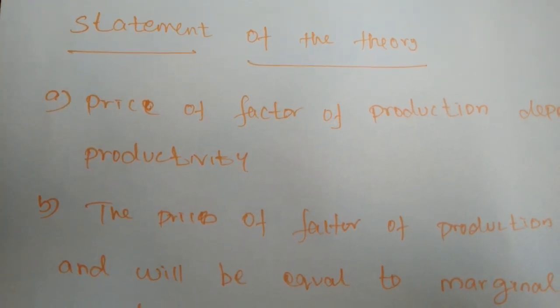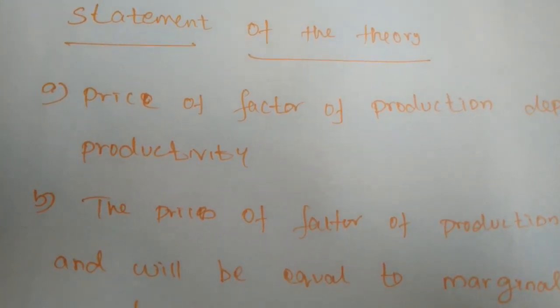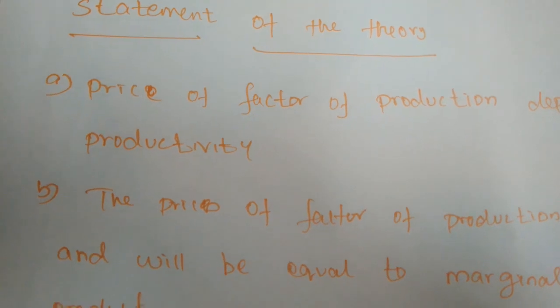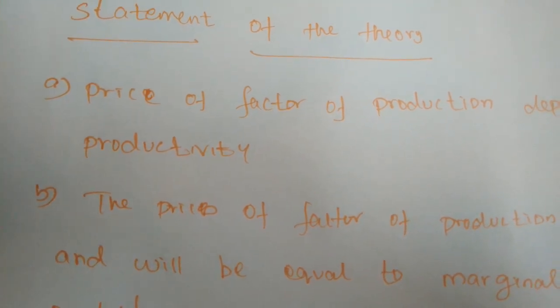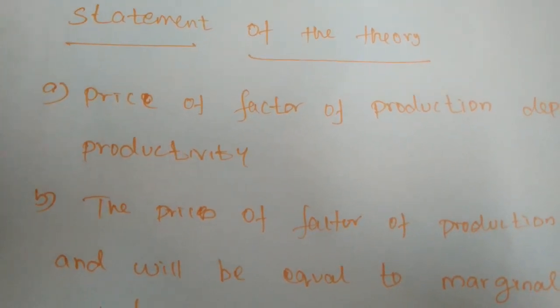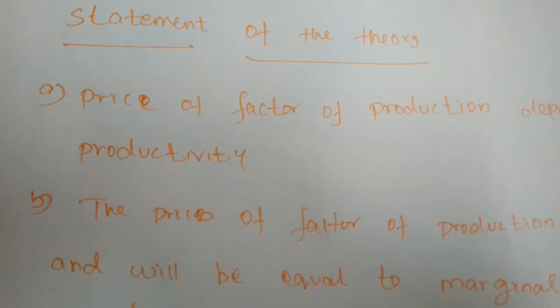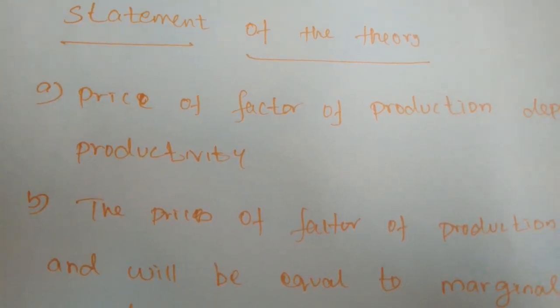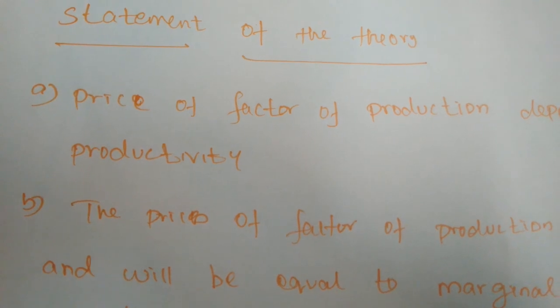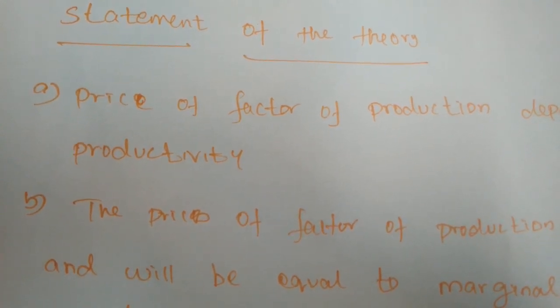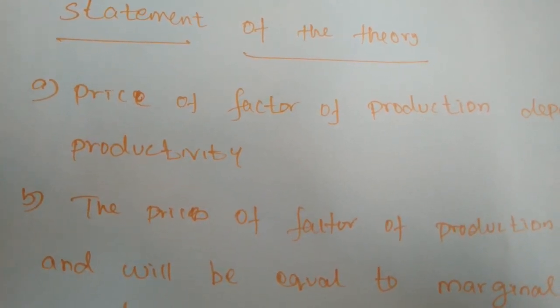Next, the price of a factor is determined by the marginal revenue product of that factor. Marginal revenue product means that if the factor can bring more revenue, on the basis of the revenue the price of the factor will be determined.